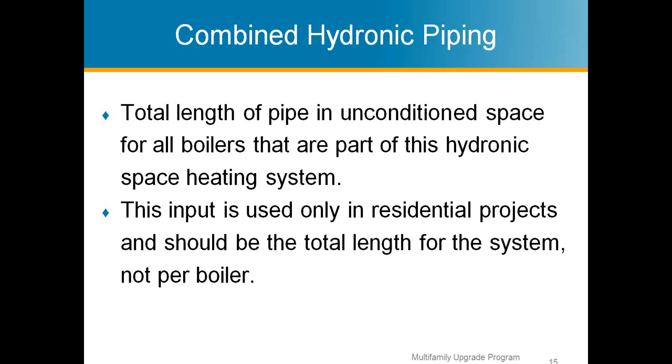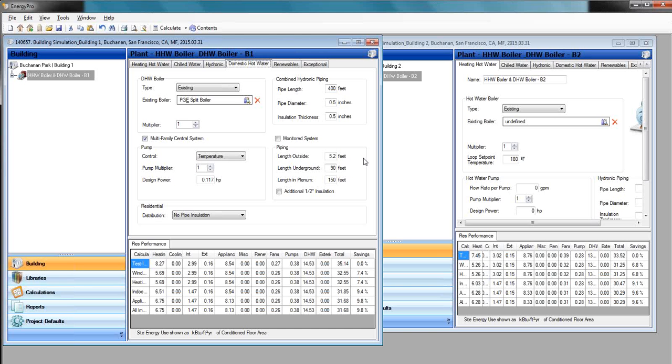So you're going to then have to take your plans or take your sketch that you did and try to estimate the best you can what that total pipe length, linear footage, is in those unconditioned spaces. And you're going to pop that number into this pipe length section here.